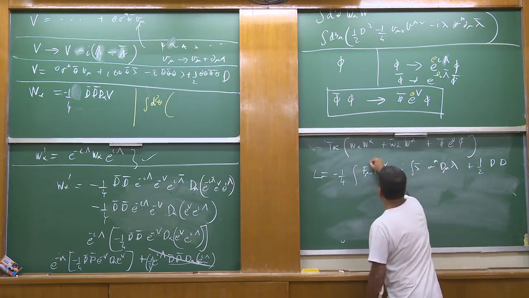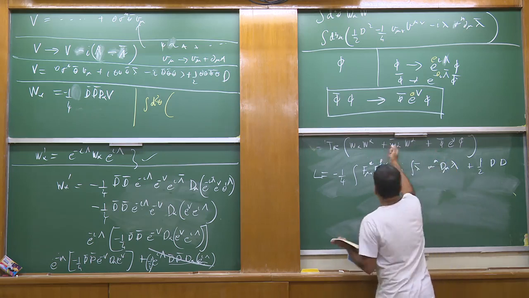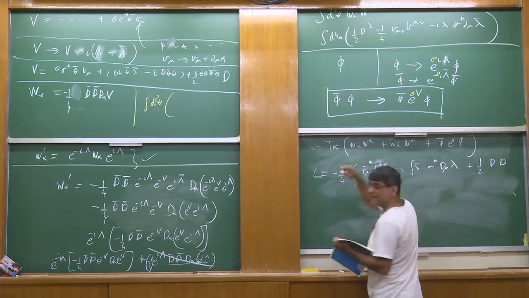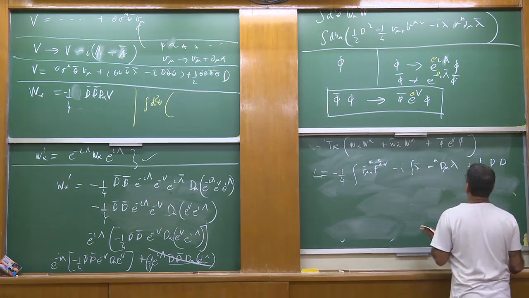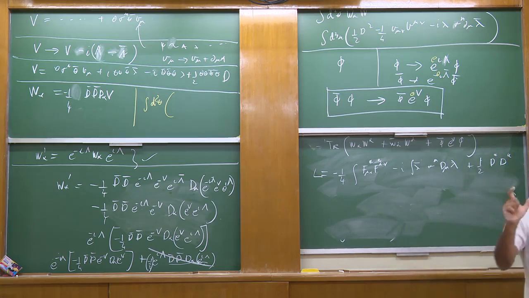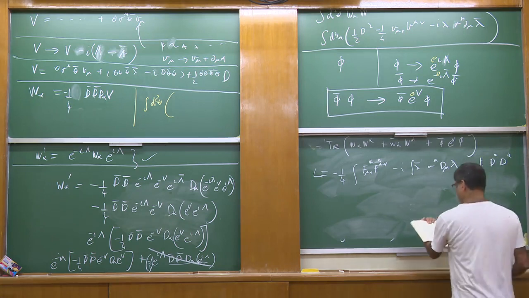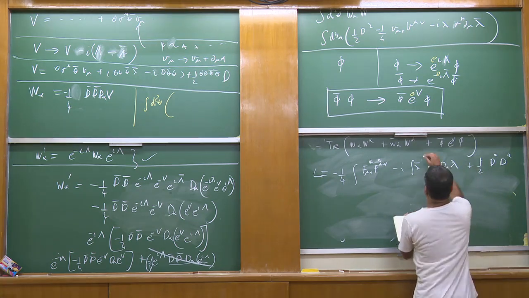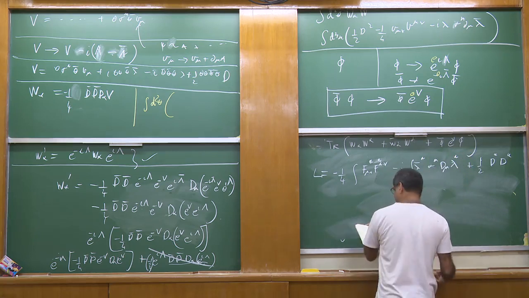No, just one gauge group, but I'll write down the adjoint indices explicitly. So F_{μν}^A F^{μν A}. This is dA dA, and this D is itself an adjoint field, and it's summed over all these labels. I'll write down the adjoint indices even for lambda.